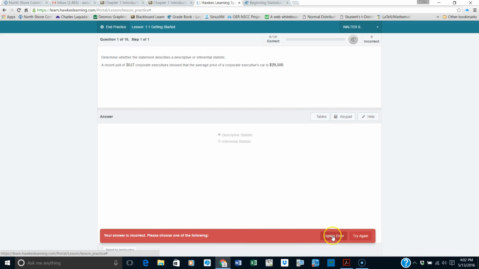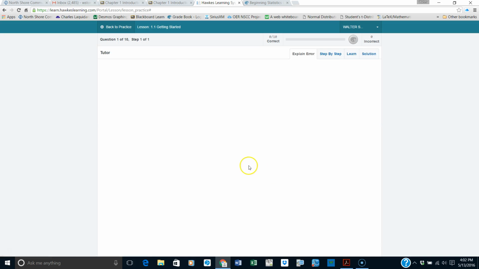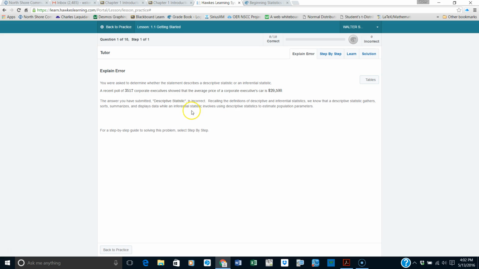So one thing that we can do is look at the error. We know that a descriptive statistic gathers, sorts, summarizes and displays data, while an inferential statistic involves using descriptive statistics to estimate population parameters.